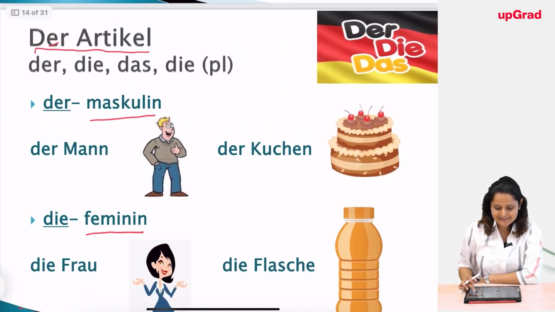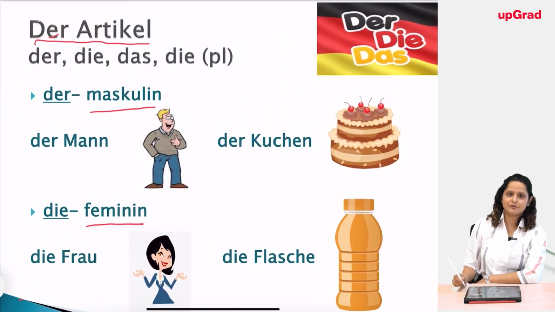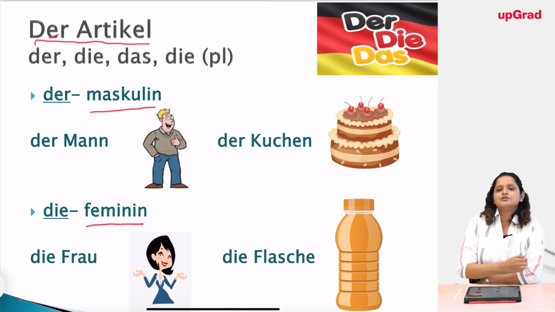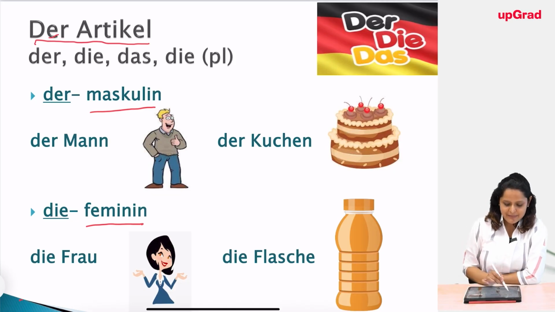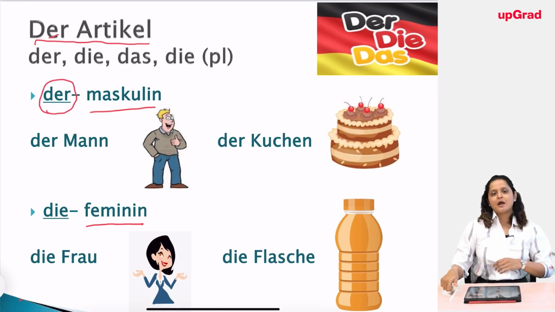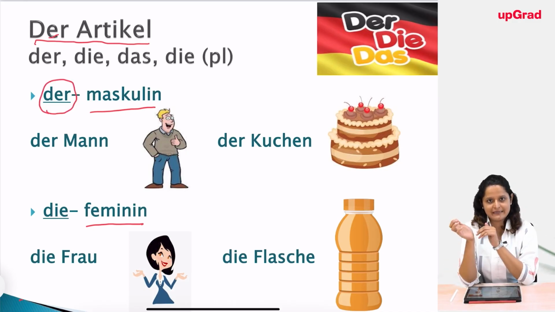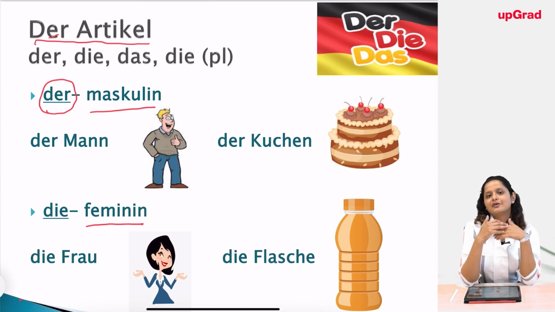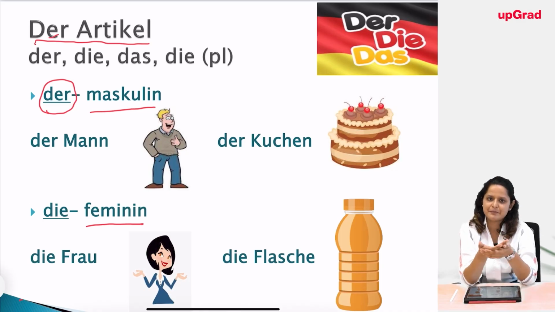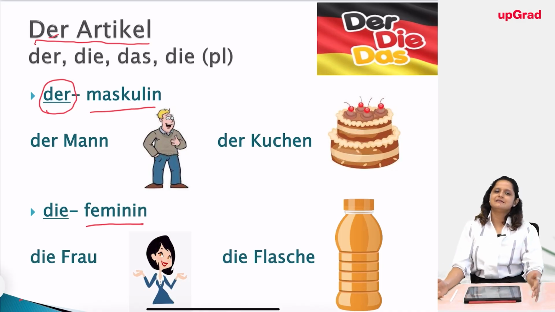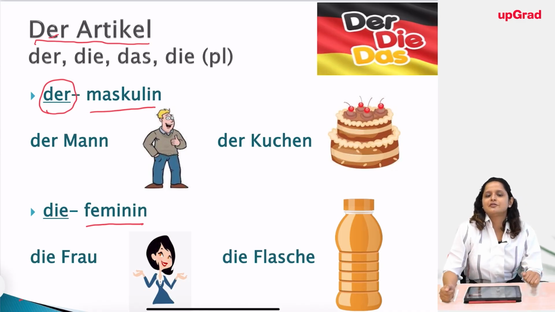Okay, so let us start with the masculine nouns first. The article that denotes the masculine noun is der. Nouns in general are divided as masculine, feminine and neutral. When we talk of nouns representing people, it is slightly easier to understand the gender of the noun.